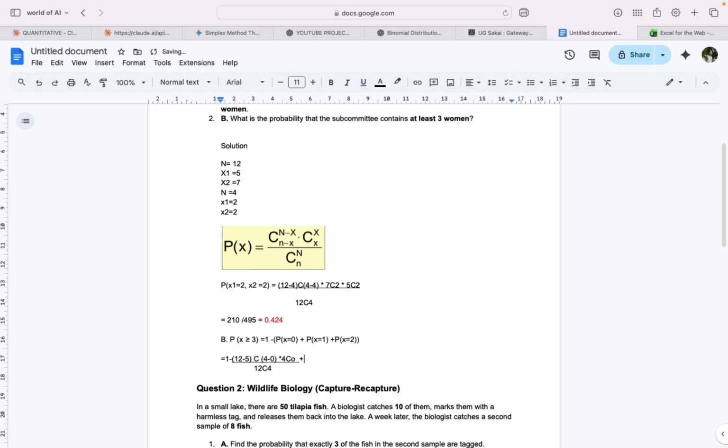So plus the probability that x is equal to 1, right?